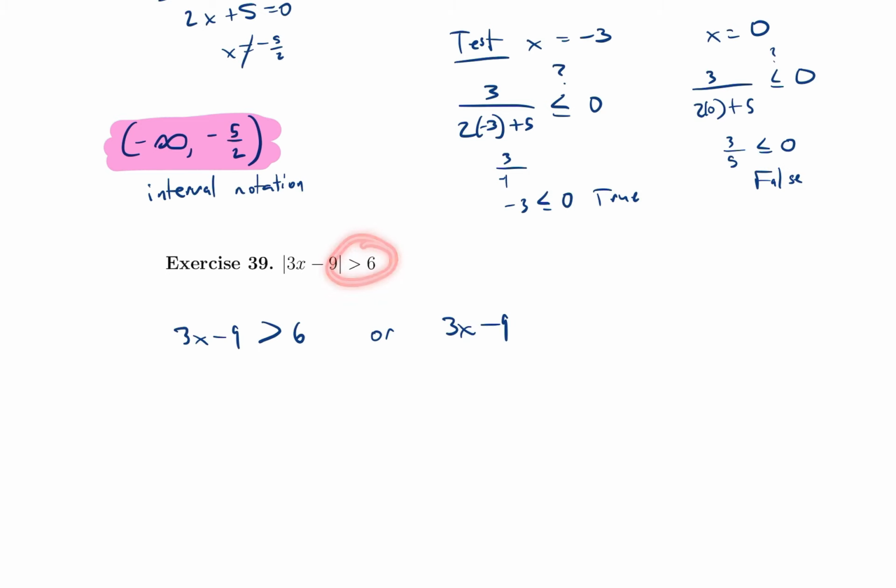You multiply this by negative 1, and since you're multiplying by a negative, that reverses the direction of the inequality. The absolute value expression never changes. And then all you got to do is just solve these two separate inequalities.